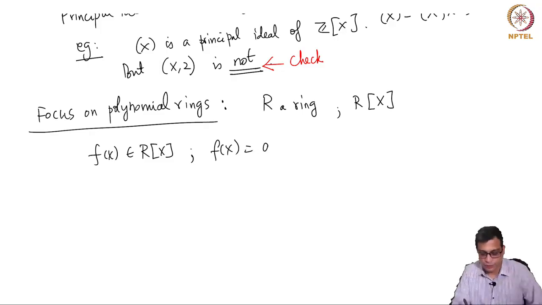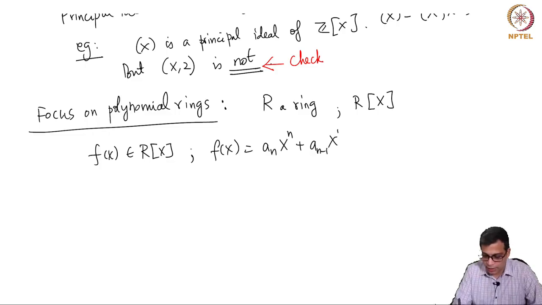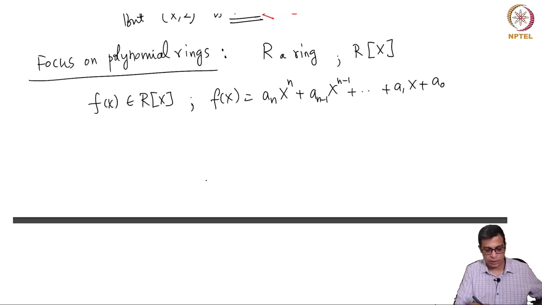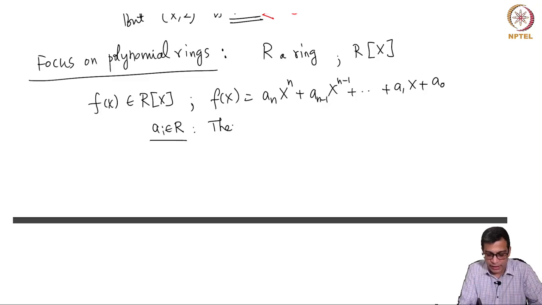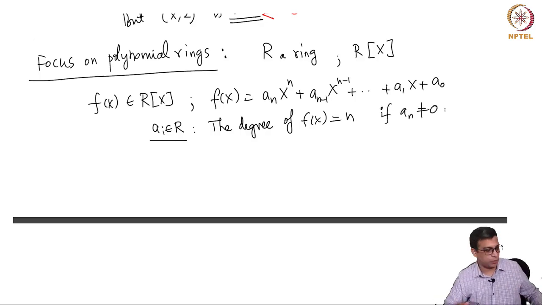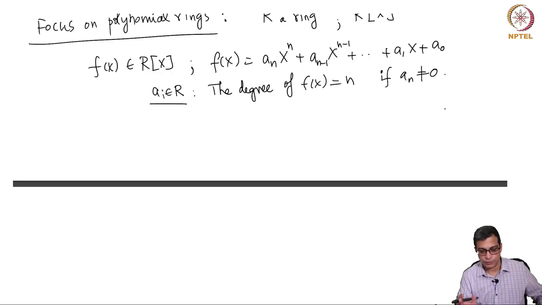the general description of f(x) is like this: a_n x^n + a_(n-1) x^(n-1) + ... + a_1 x + a_0. Recall that it is a polynomial over R, which is to say that the a_i's are all in R. The degree of f(x) is called n if a_n is non-zero. You can always add zeros in the beginning, which we don't want to do.